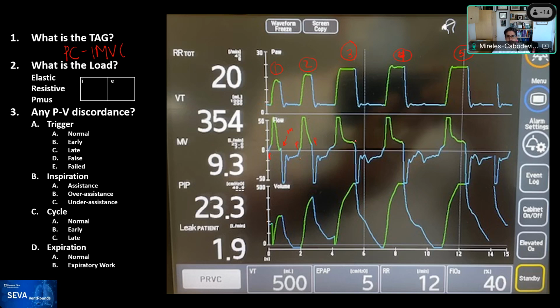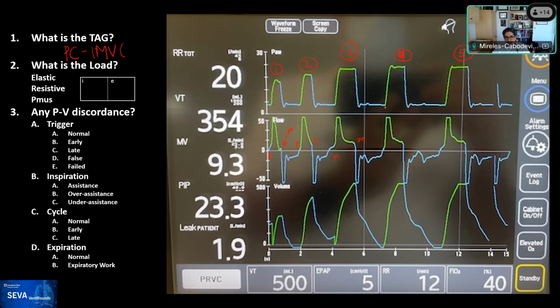This one over here looks like it's maybe machine triggered. It's about the same height. It's hard for me to say, but because I don't see any change in pressure, this is likely machine, but I may be wrong. Then it's cycled by the flow continuing to go, and then boom, it cycles off, and you can see this little effort right here that makes me think that it's an early cycle, so it's probably machine cycled.